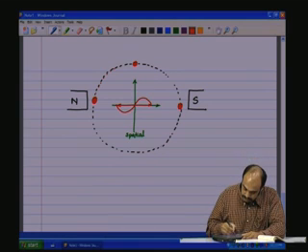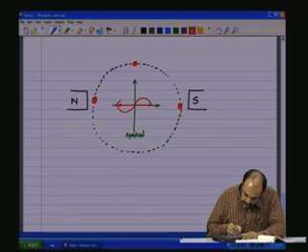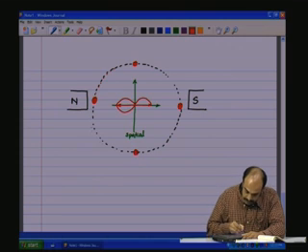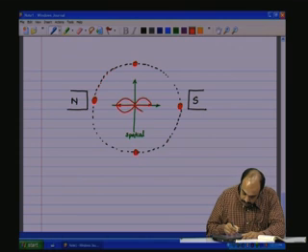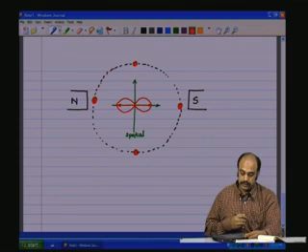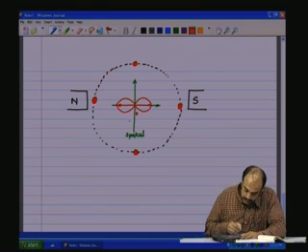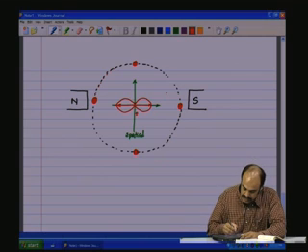When it further goes, the flux keeps moving in this fashion, 0 again at this point, and then when it again moves here, the flux value is back again to its positive max. This is the 0 as far as the flux phi m is concerned.